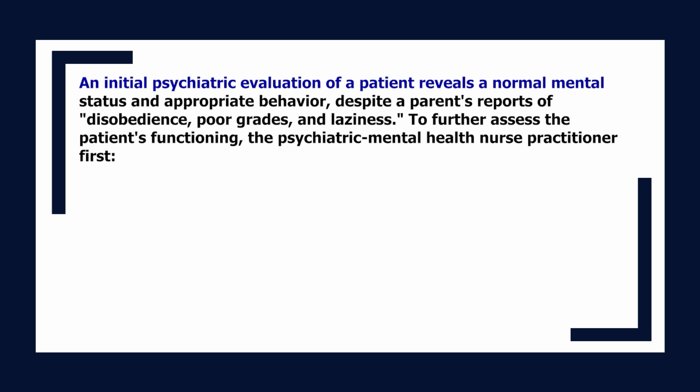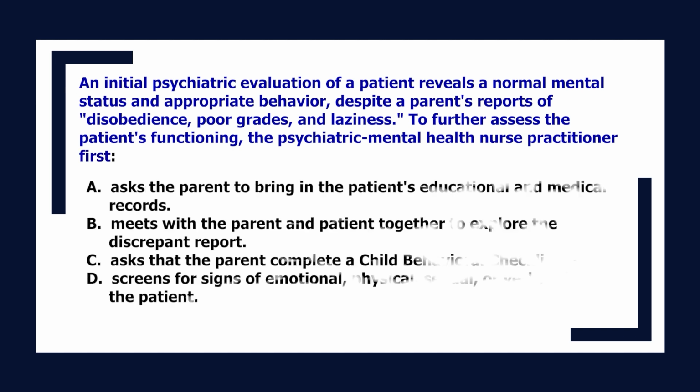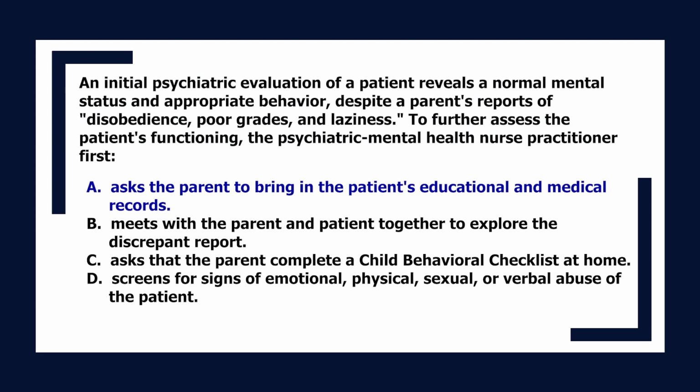An initial psychiatric evaluation of a patient reveals a normal mental status and appropriate behavior, despite a parent's reports of disobedience, poor grades, and laziness. To further assess the patient's functioning, the psychiatric mental health nurse practitioner first A. Asks the parent to bring in the patient's educational and medical records.